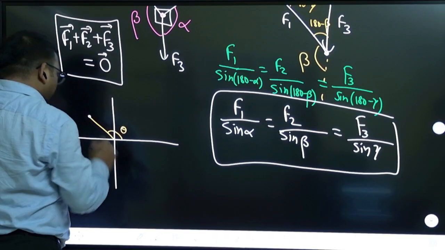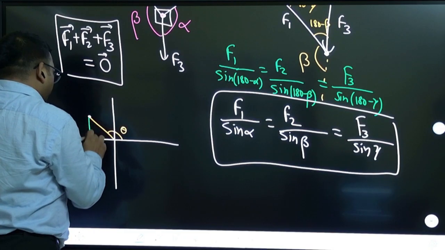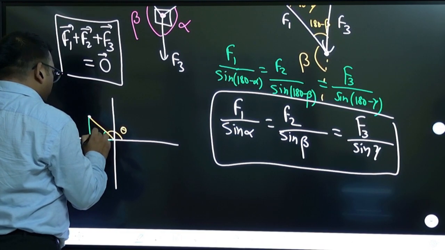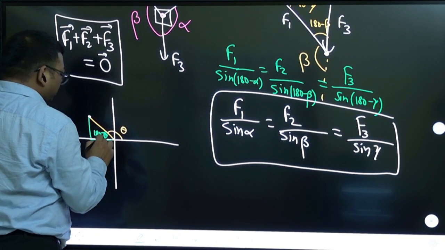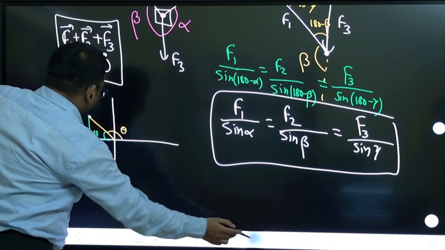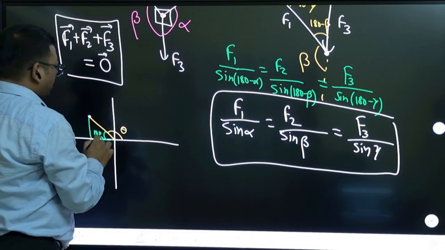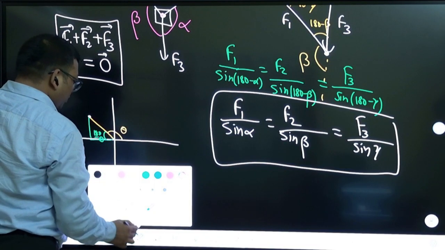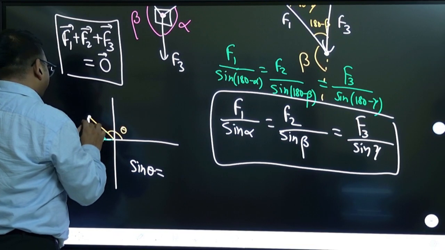Because this theta is, let us say, obtuse. Then here what happens? You're going in this triangle. This is how much? 180 minus theta. Then this is 180 minus theta. Correct? Maybe I will write it here. This is 180 minus theta, this angle. So sine of this theta, remember this is perpendicular.